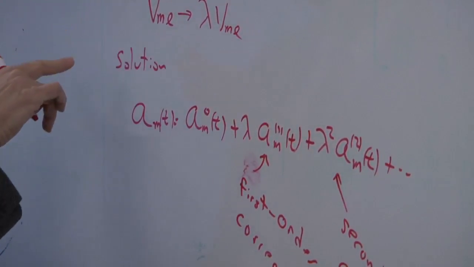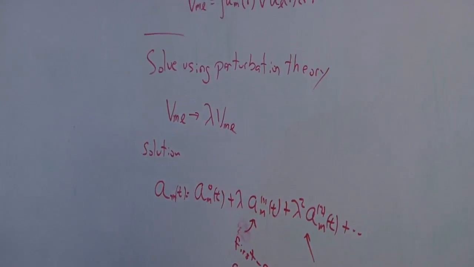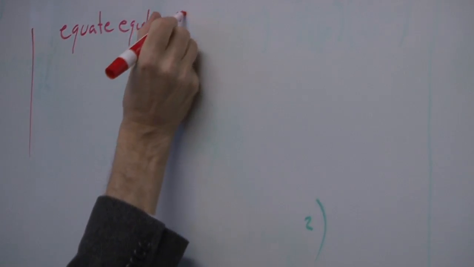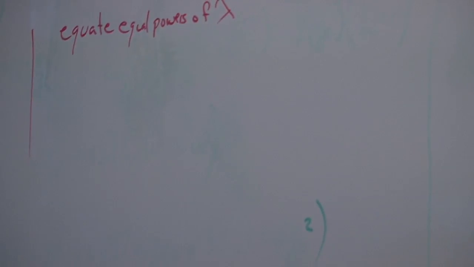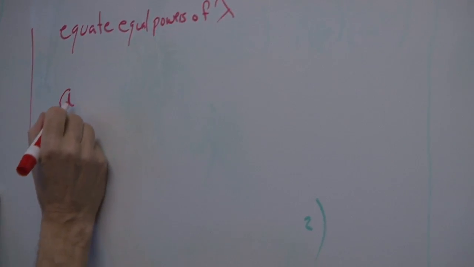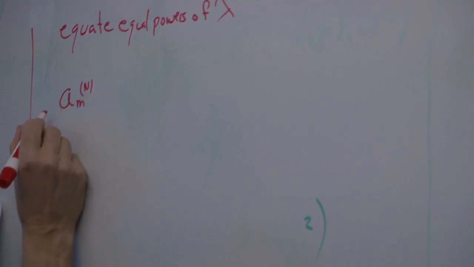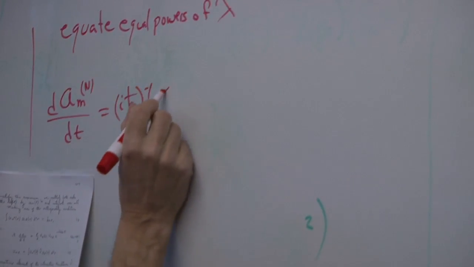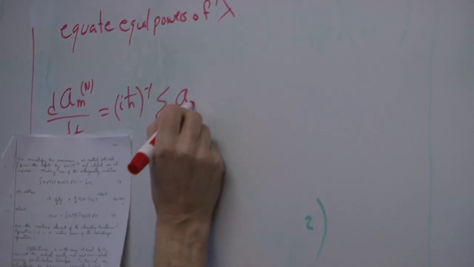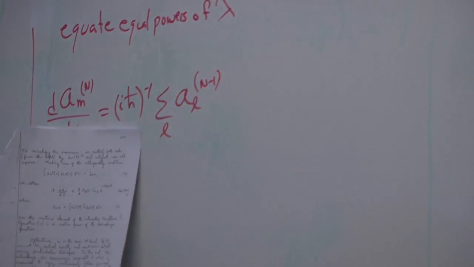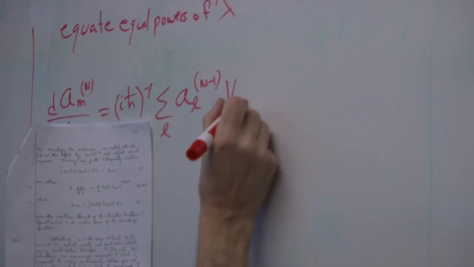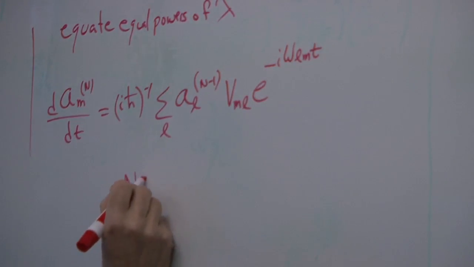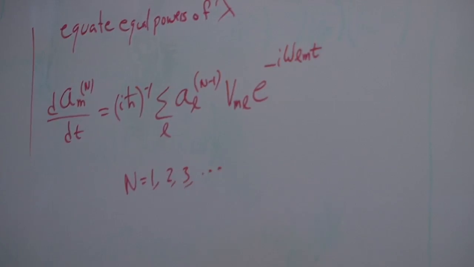So we take this expansion, introduce it into this equation, then we equate equal powers of lambda, and we get the following equation: i hbar dA_mn/dt equals the sum over L of A_L(n-1) V_ML e^(-i omega_LM t), and this is for n equals 1, 2, 3, and so on.